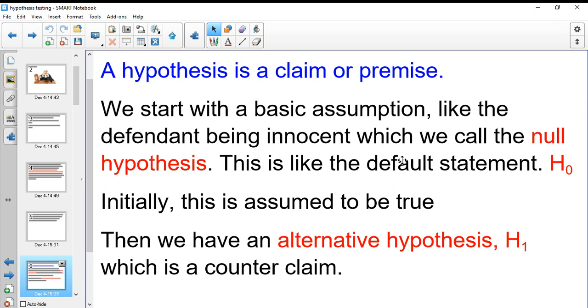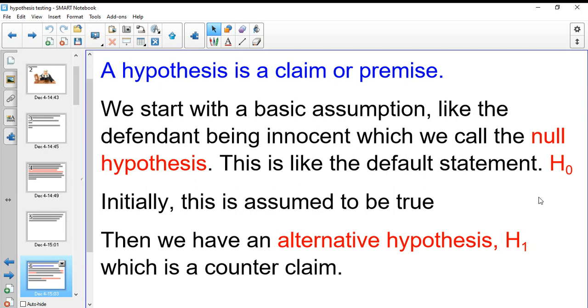We write that as an H with a little subscript 0. That is the thing that we believe to be true, the default statement. So in the case of the defendant, it's that he's innocent.